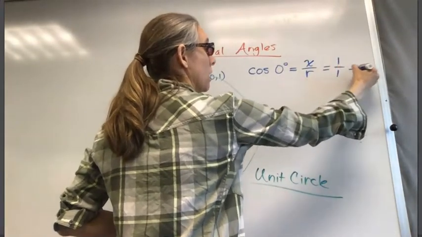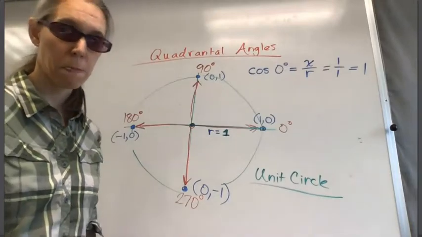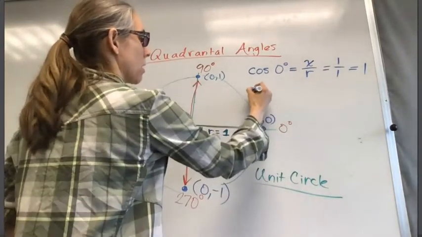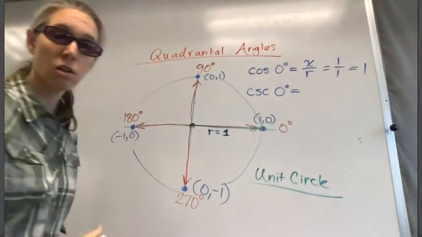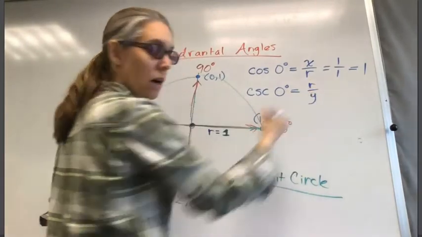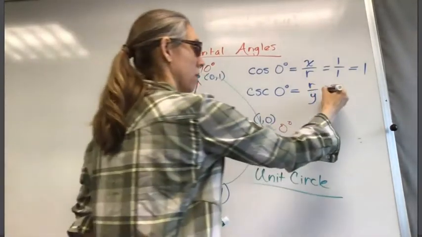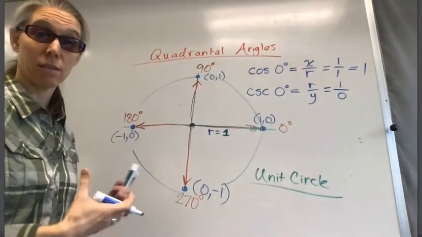So 1 over 1 is 1. The cosine of 0 degrees is 1. Let's say you need to find the cosecant of 0 degrees. Cosecant is r over y. R is 1, y is 0. This is undefined.